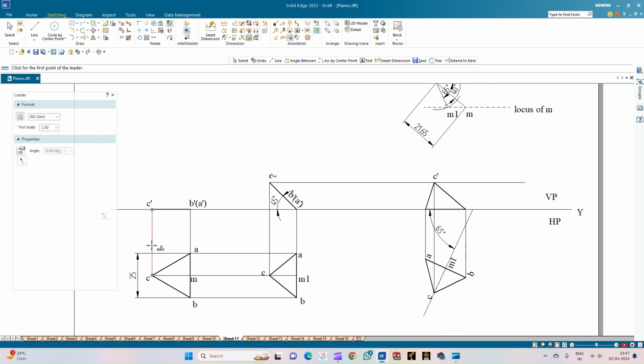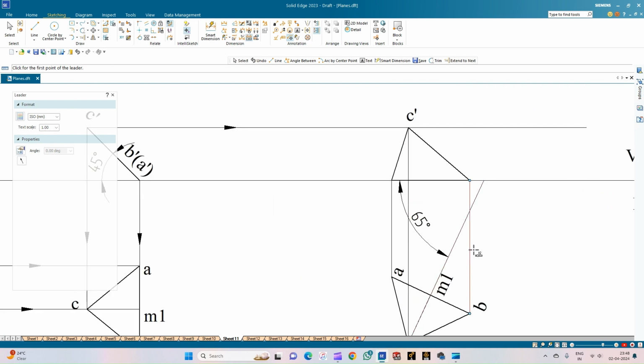So these were the projectors drawn upwards. This is the direction. And these are the projections drawn from left hand side to the right hand side. These are the projections drawn downwards. And again from left hand side to the right hand side. These are the projectors drawn upwards.